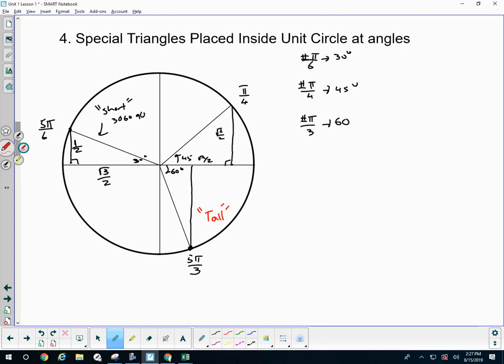The two side lengths I have to choose from are 1/2 and root 3 over 2. I remember that root 3 over 2 is bigger than 1/2. So root 3 over 2 is my longer side. 1/2 is my shorter side.